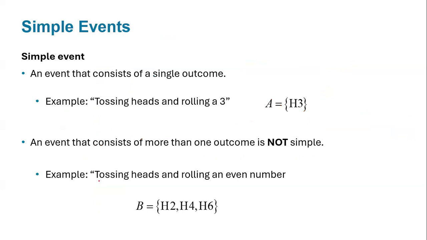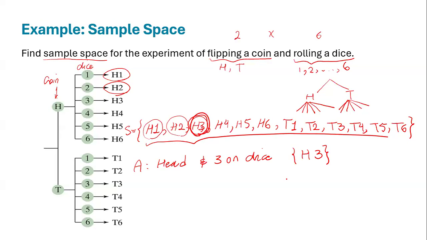But if I want to get a head on a coin and an even number on a dice, when I look at the sample space, how many of these outcomes had the head on the coin and an even number on the dice?